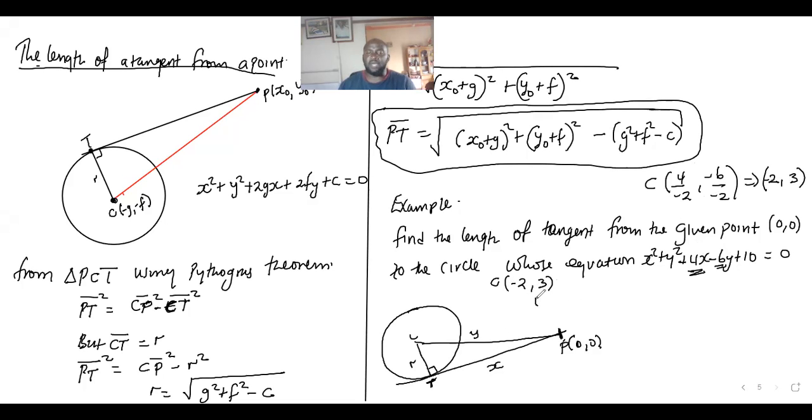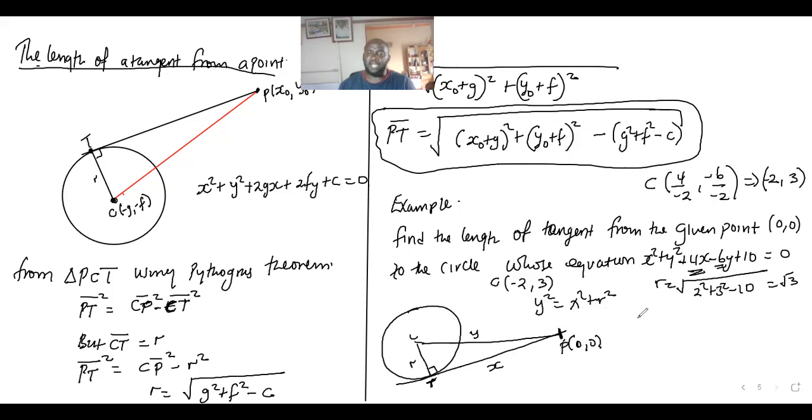It means Y squared is equal to X squared plus r squared. The radius can be found. Remember, the radius is got from the square root of 2 squared plus 3 squared minus 10. This is 13 minus 10. The radius is root of 3. So I have r.